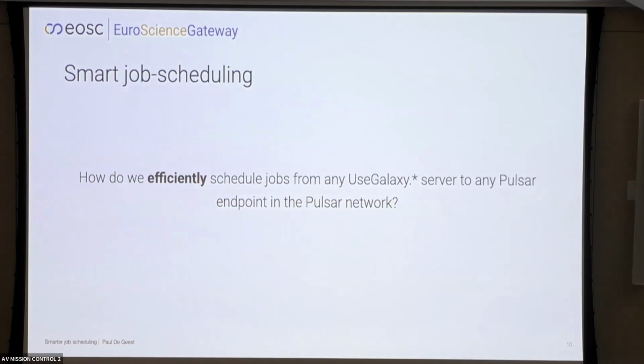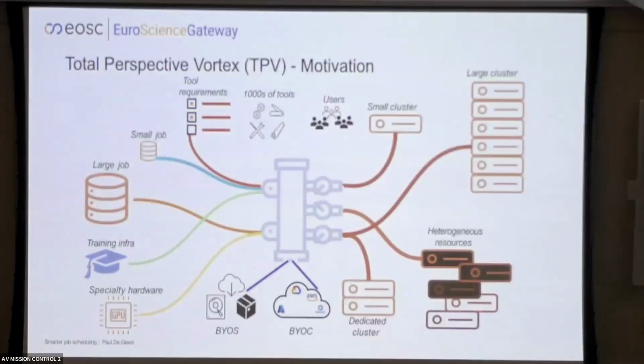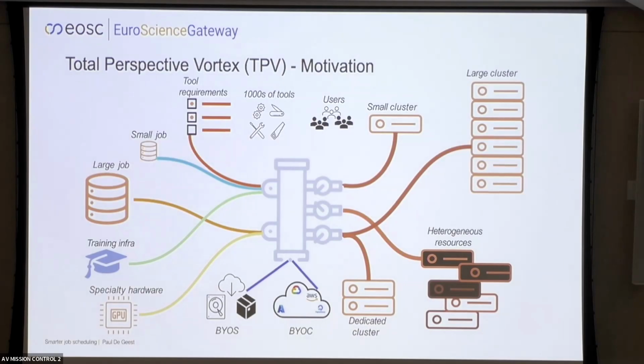But that aside, now how do we efficiently schedule jobs from a Galaxy server to this network? So firstly, the default way of doing this in Galaxy is through TPV. So TPV has knowledge of all the registered compute endpoints, and it has the relevant job metadata.